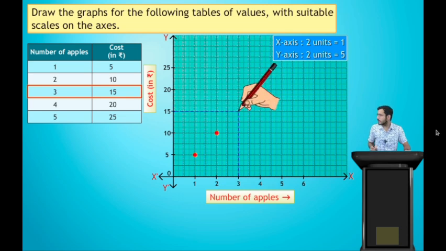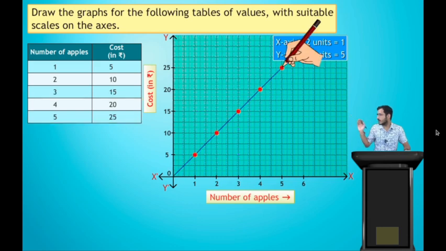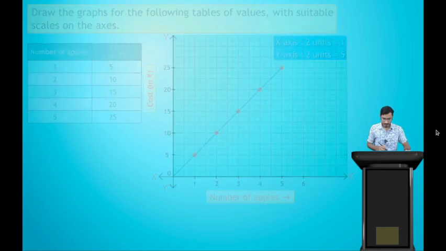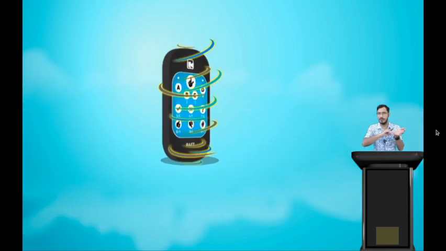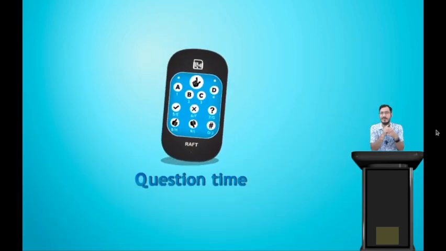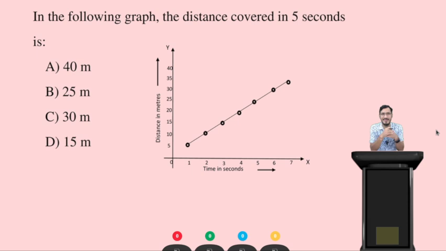Now on the x-axis 4, taking height 20. Similarly, 5 for 25. Now we can join all the points, and you can see it's a straight line.